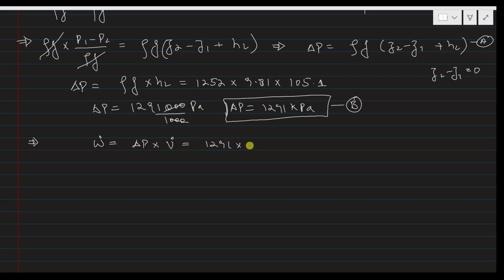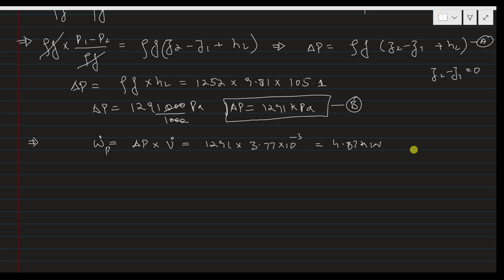Volume flow rate was previously determined for the horizontal case, it was 3.77 multiplied by 10 to the power minus 3. So after simplifications you will get the power input required from the pump, let's say W dot P, and it is 4.87 kilowatt.